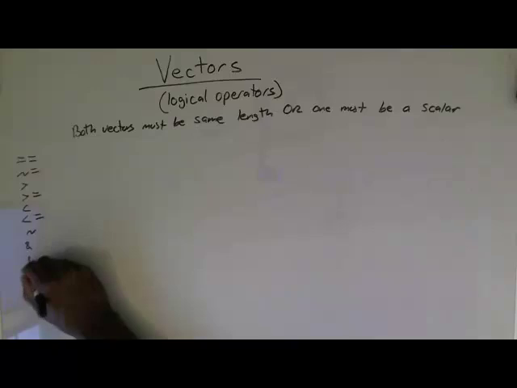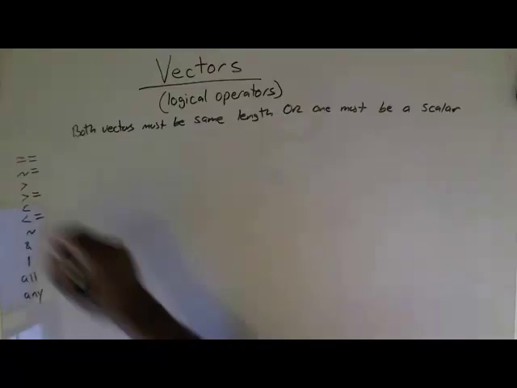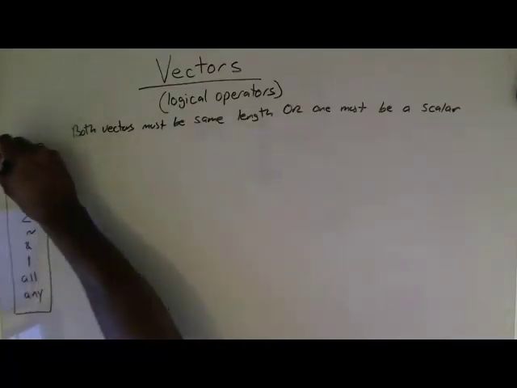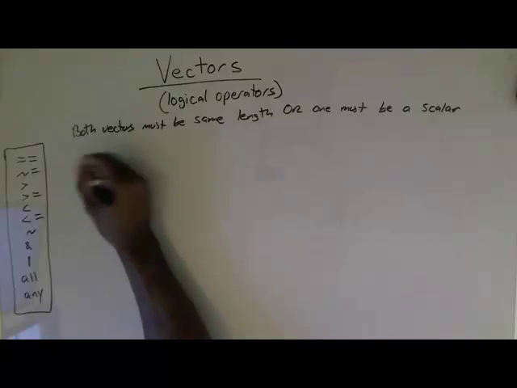We have or, which is the straight up and down bar. We have all and any. So that's a lot to cover, but once you get the hang of it, it's not that bad. So we start here. Let's use equal to.